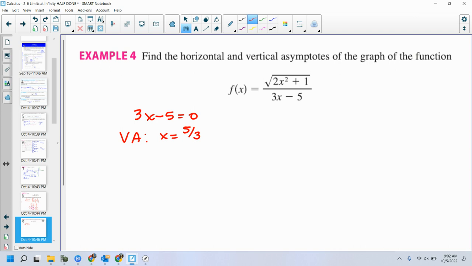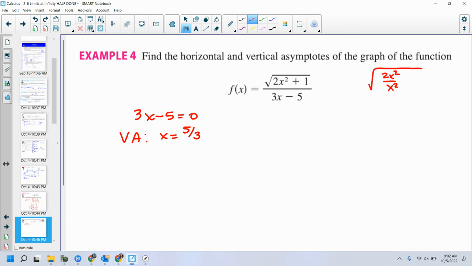What if I tried to divide by the highest power? I'm kind of doing a little side work here, just showing what the end goal is. I want to divide by the highest power on x.